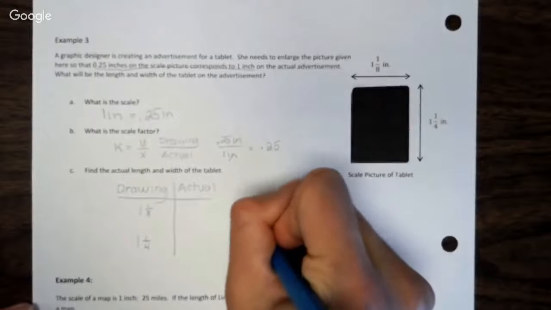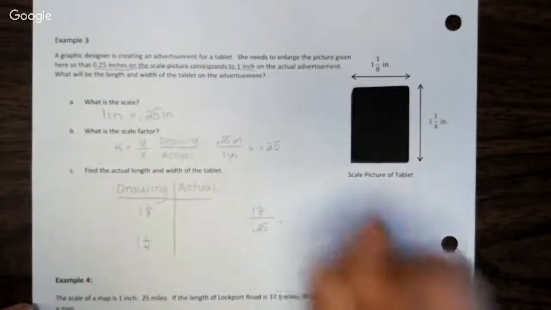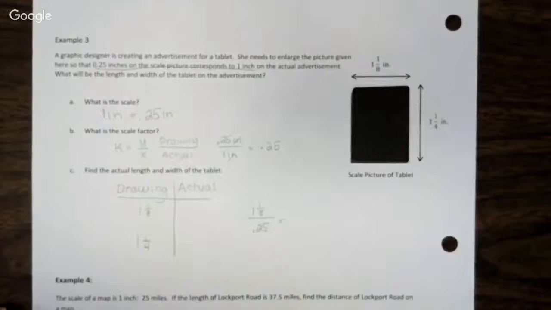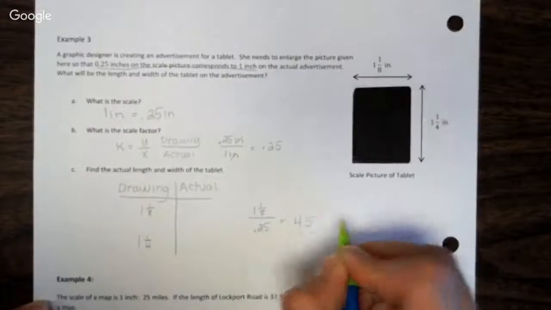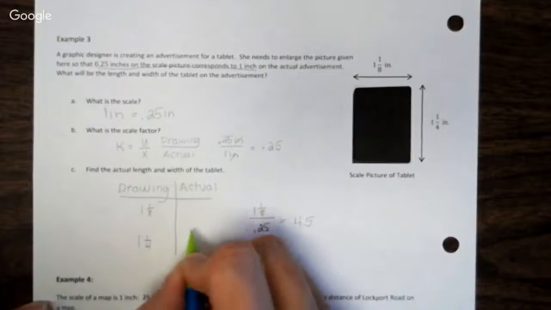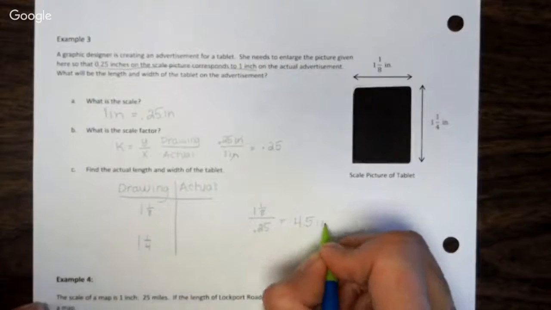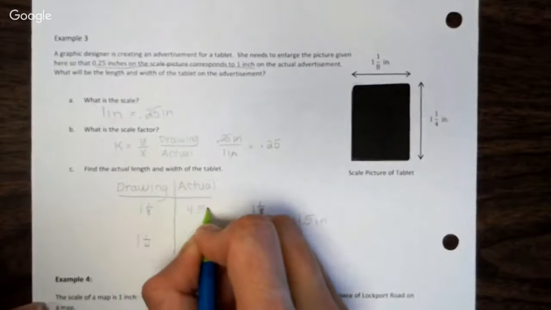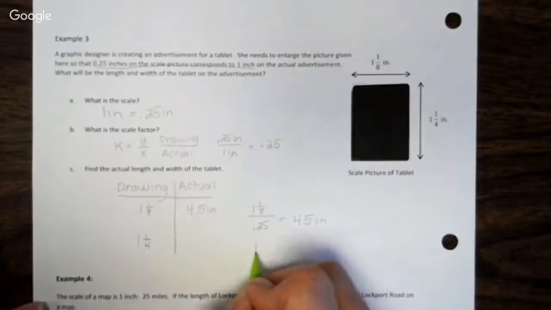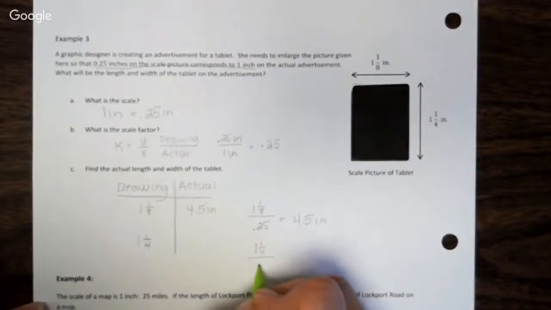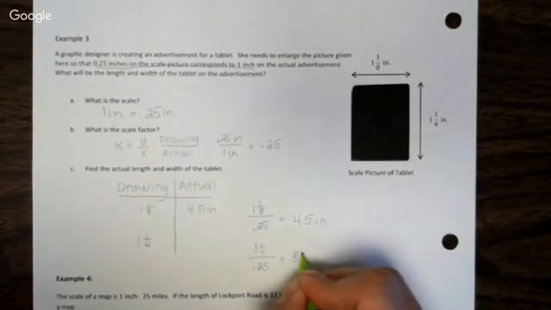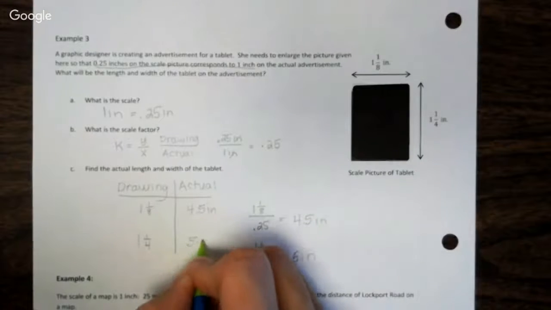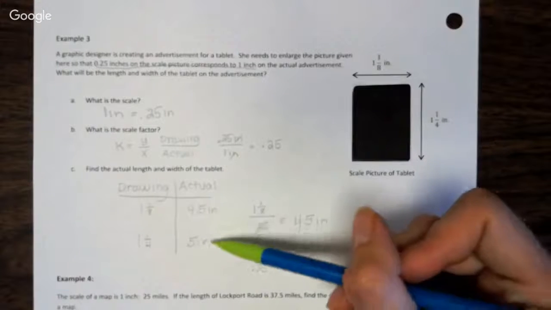So 1 1/8 divided by 0.25 is 4.5. And we're still talking inches. That didn't change. So this would be 4.5 inches. And then 1 1/4 divided by 0.25 gives us 5 inches. So here's the actual length and width.